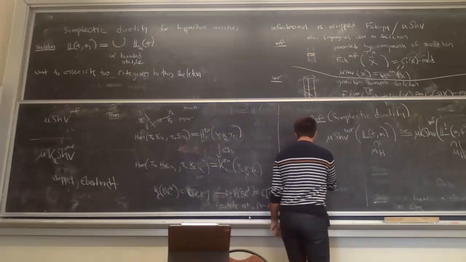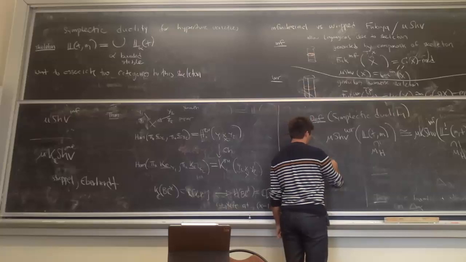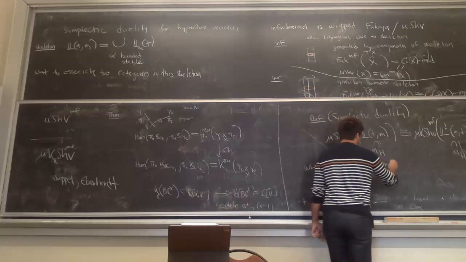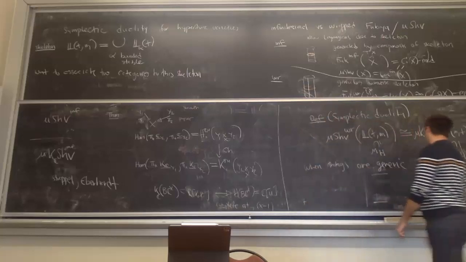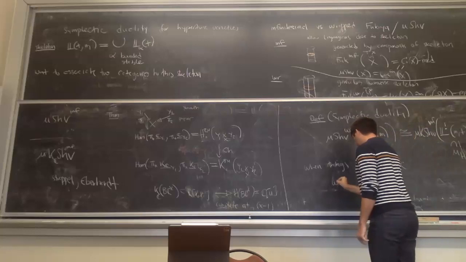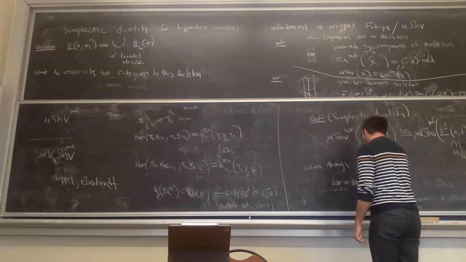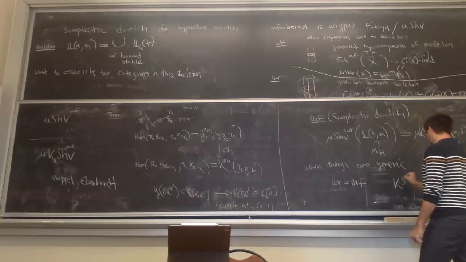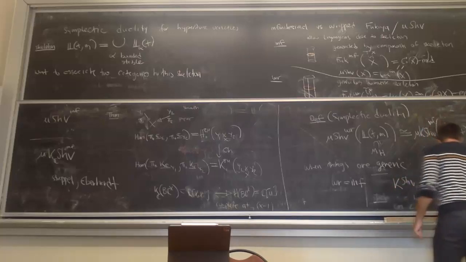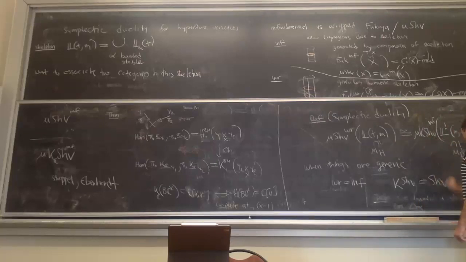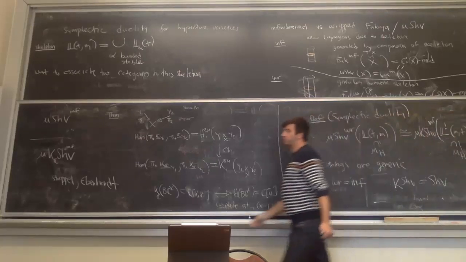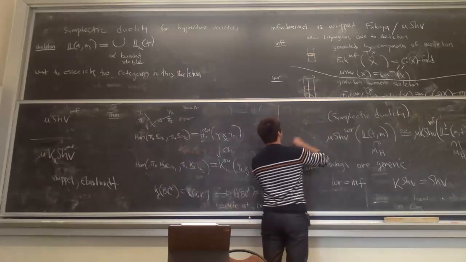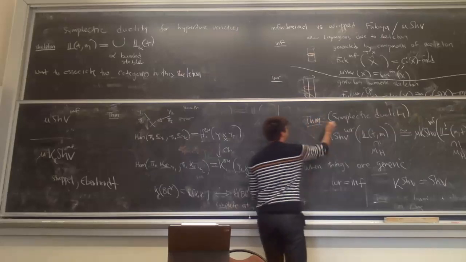And when things are generic, what happens is that the wrapped becomes equal to the infinitesimal, and the K theory becomes equal to the, not K theory. Well, okay, I'm going to prove it for you in a second. Sorry, this was the statement that I want to prove. It's a theorem. I'll prove it in a second.